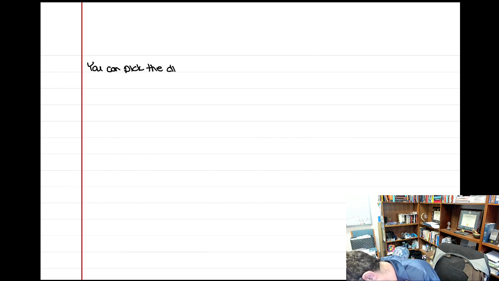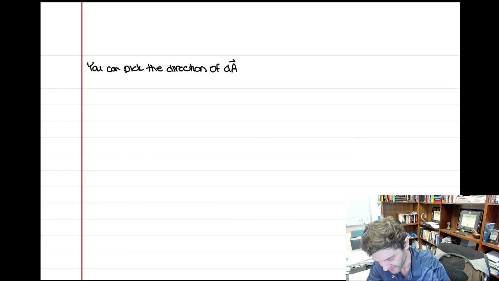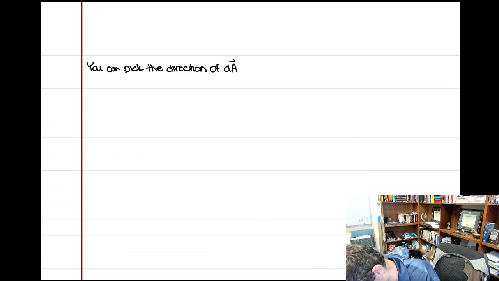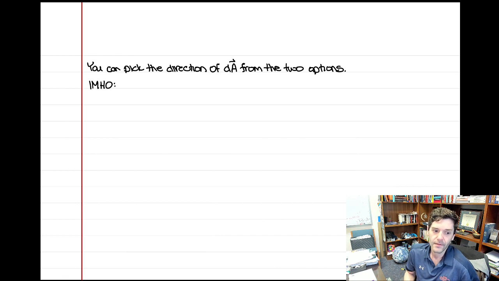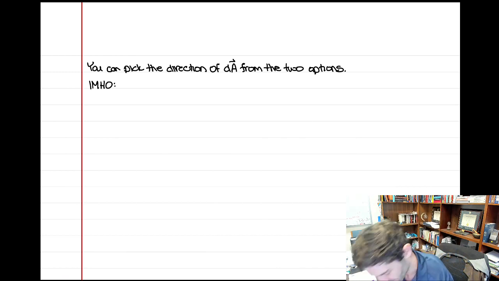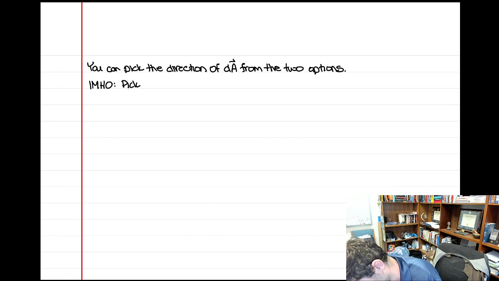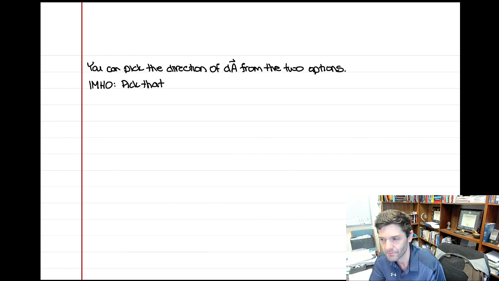But for just a sheet, something that's not a closed surface, you can pick the direction of dA. Really, by choose direction, you have two options. In my humble opinion, and I don't think that's what the H stands for, I'm going to say it stands for humble, pick the one that gives you positive numbers for flux.